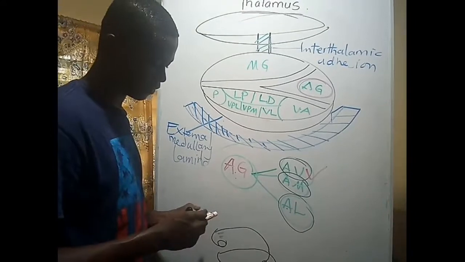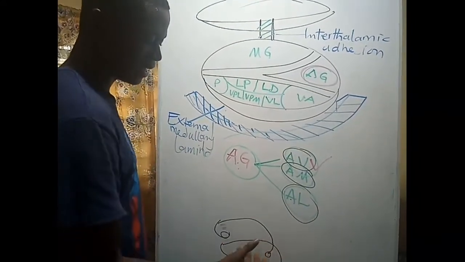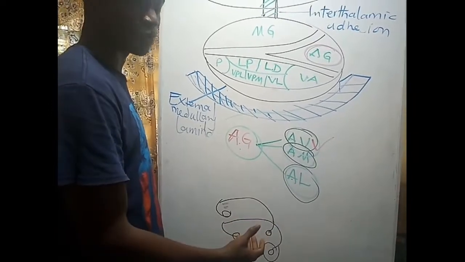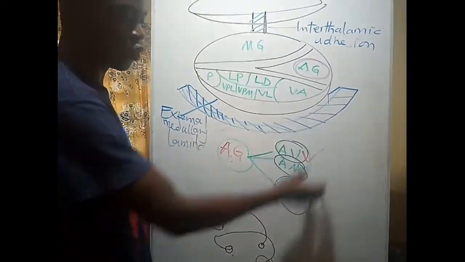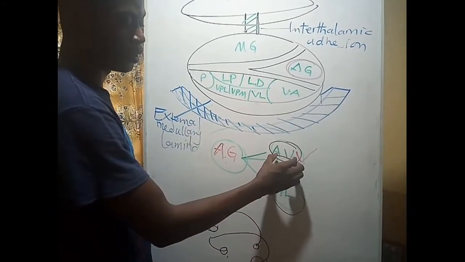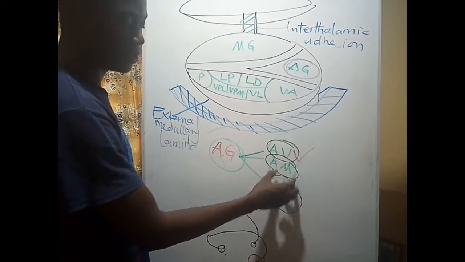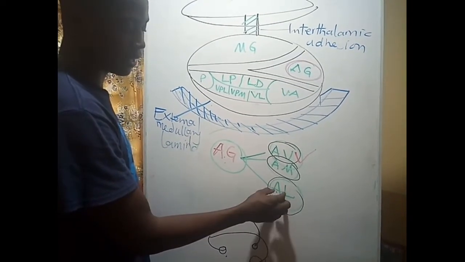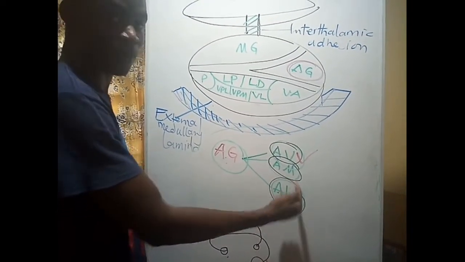Is that okay? So basically, mammillothalamic tracts from the mammillary bodies of the hypothalamus going to the cingulate gyrus will run through. Those from the medial nuclei will go through the anterior ventral and the anterior medial nuclei, and those from the lateral will go through the bilateral anterolateral nuclei.